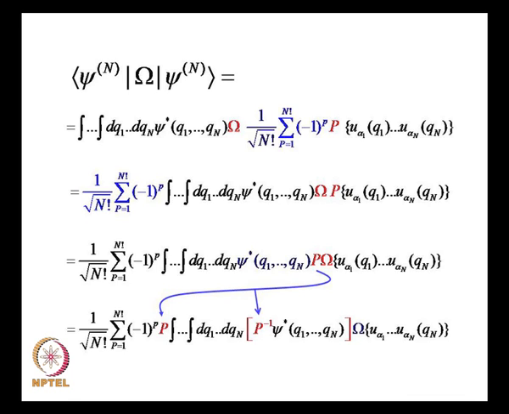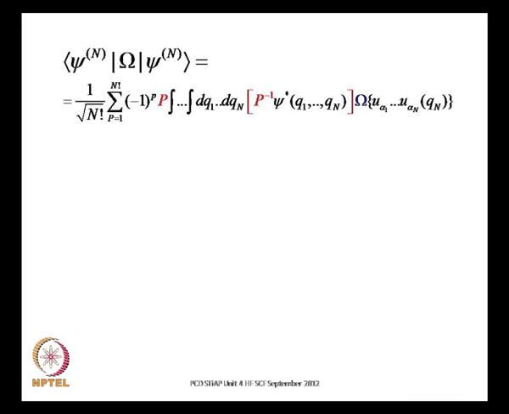Each variable is a set of 4 variables, mind you. And you have p inverse psi star omega, and what you have over here is not the Slater determinant, but just the direct product of the diagonal elements in the Slater determinant. So let me carry this result to the top of the next slide.